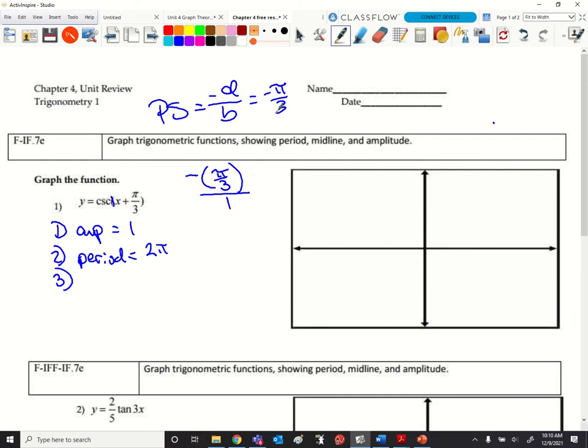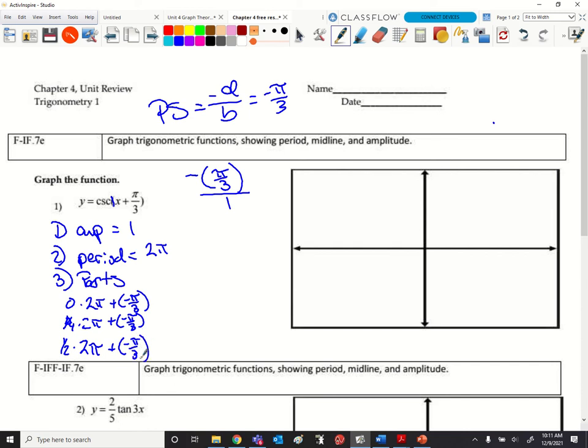So on my parts, I'm going to have 0 times my period, which is 2 pi, plus negative pi over 3. 1/4 times 2 pi plus negative pi over 3. 1/2 times 2 pi plus negative pi over 3.